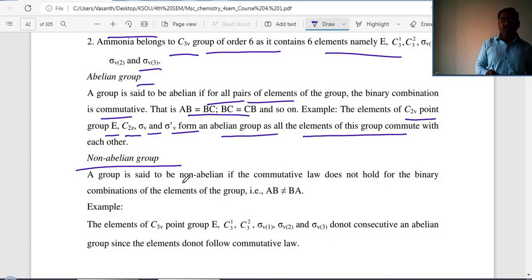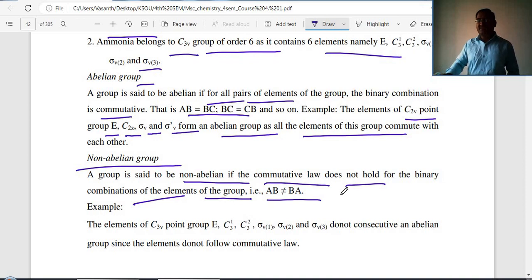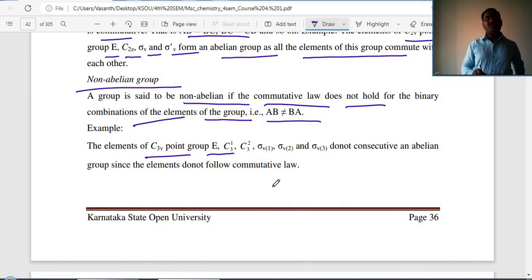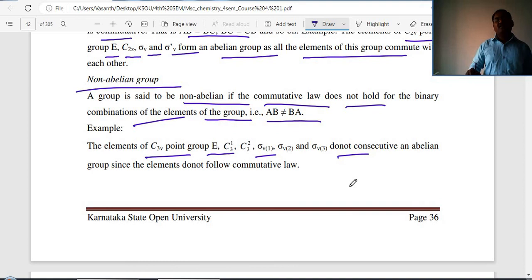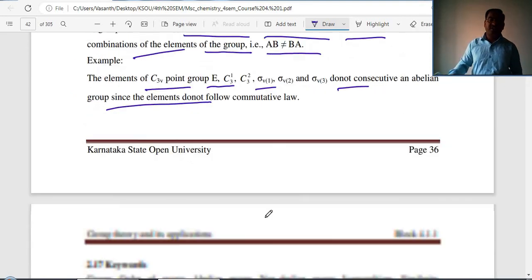Non-abelian group means a group is said to be non-abelian if the commutative law does not hold for the binary combinations of the elements of the group. Here AB is not equal to BA. For example, the elements of the C3v point group, E, C3, C3 squared, sigma v1, sigma v2, sigma v3, do not constitute an abelian group since the elements do not follow the commutative law.